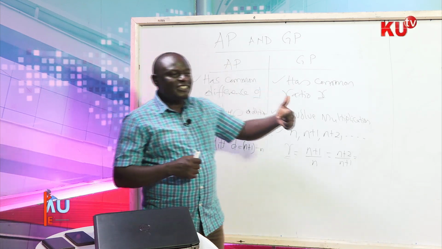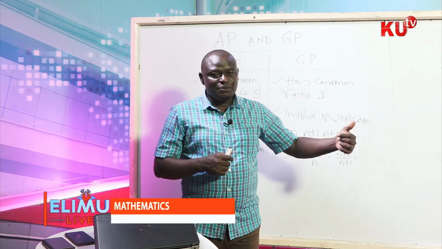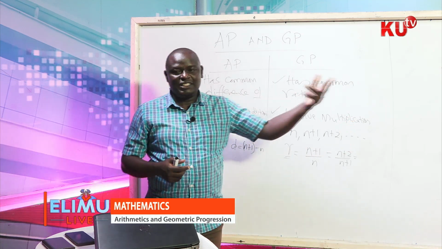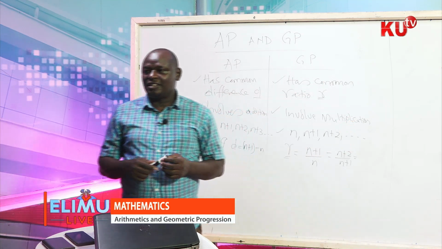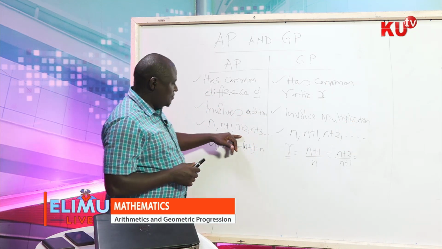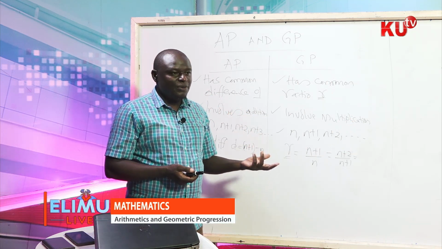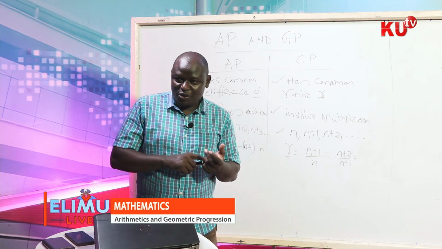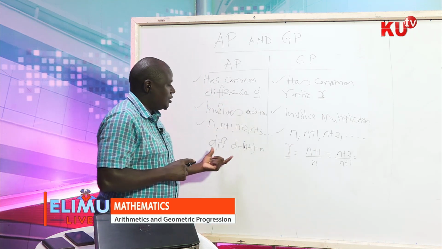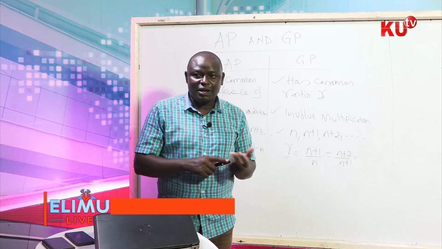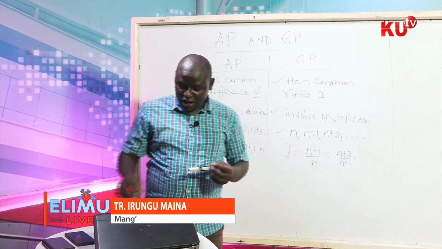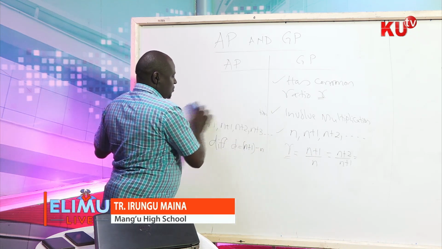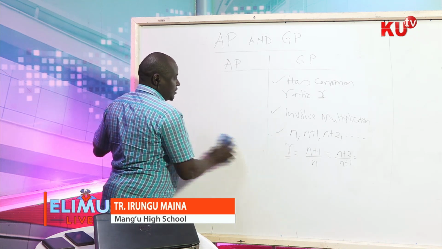How do you get a general term? For instance, in this case, how can I get the 10th term? I have the first term and a common difference in case of an AP. I have a first term and a common ratio in case of a GP. So it's another difference, so we are still in the column of differences.